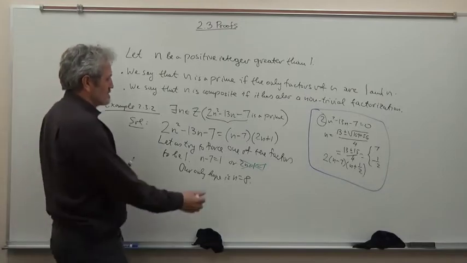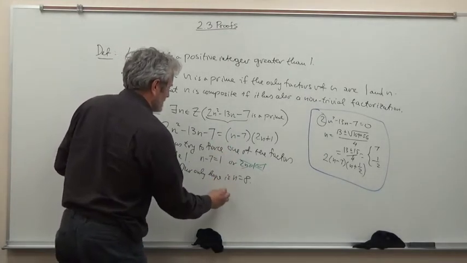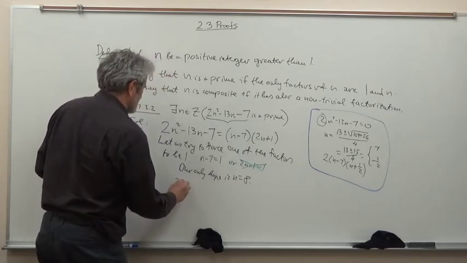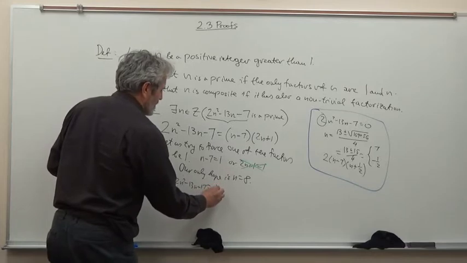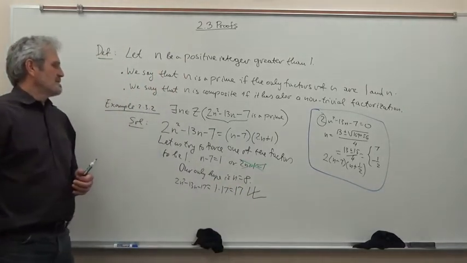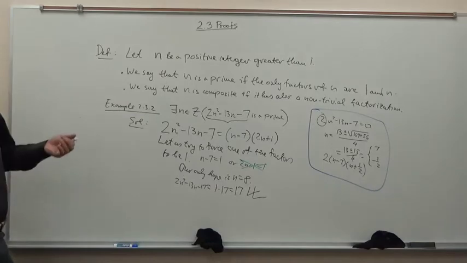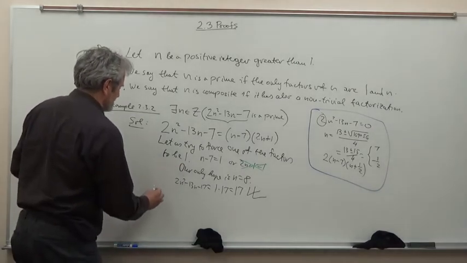So let's see what happens when n equals 8. When n equals 8, we'll get what? 2n squared minus 13n minus 17 equals 1 times 17, which is 17, which is a prime. So here it is. We actually found our witness. So the answer is yes.